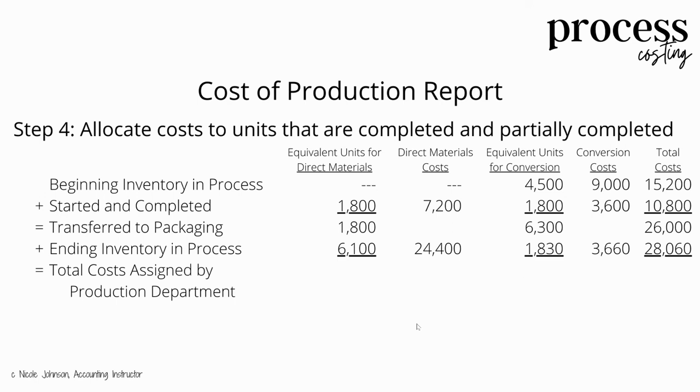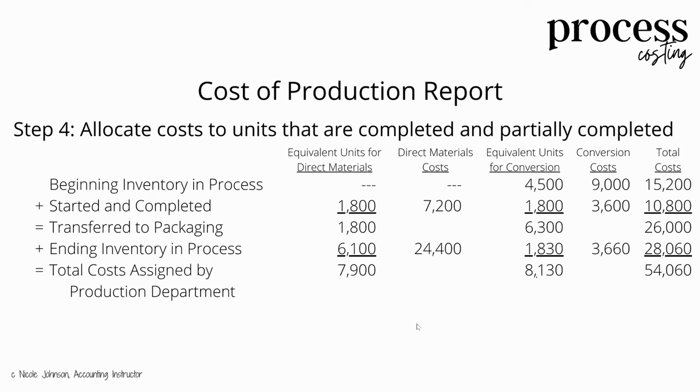We take the direct materials costs of $24,400, we add the conversion costs of $3,660, and we get ending inventory in process total cost of $28,060.